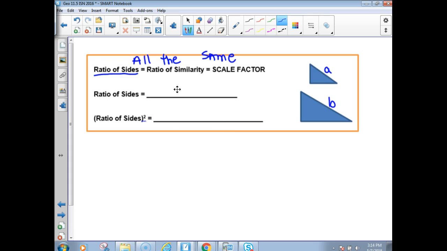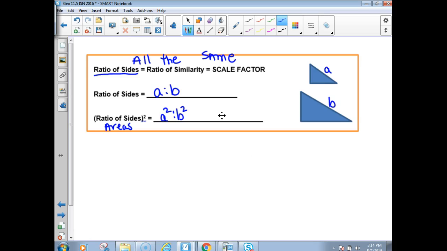So if the ratio of the sides, which is also the ratio of similarity, which is also the scale factor, is A to B, then the ratio of the areas is A squared to B squared.